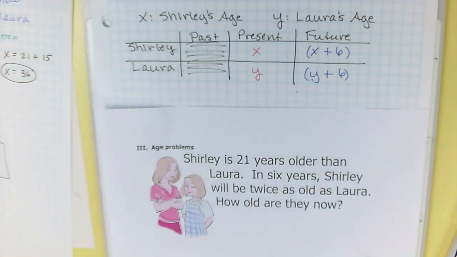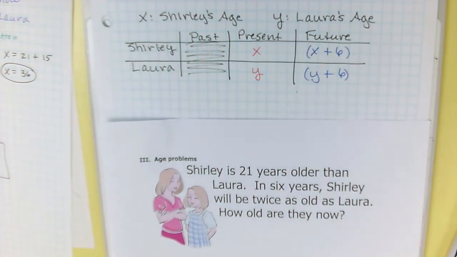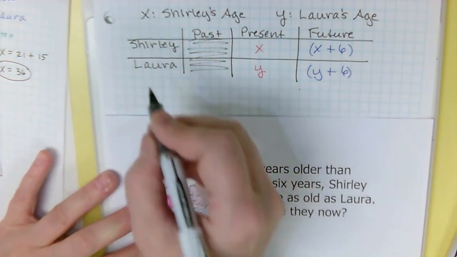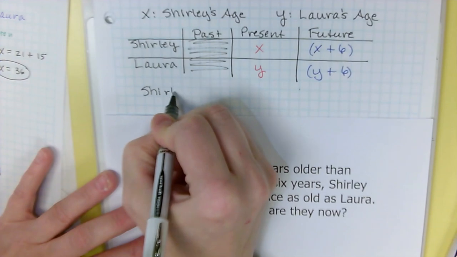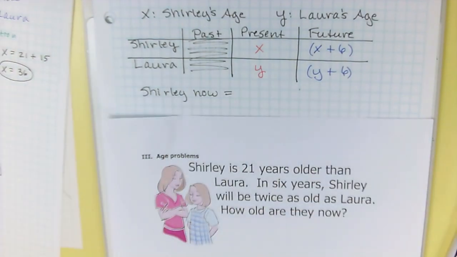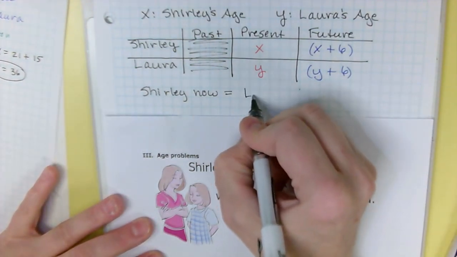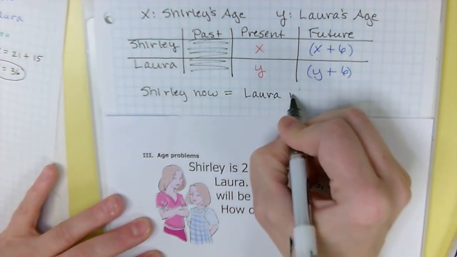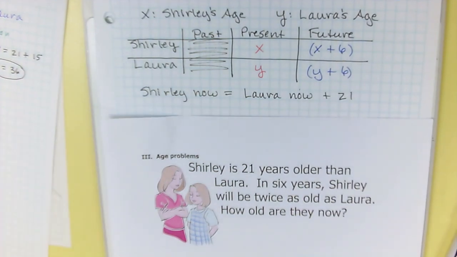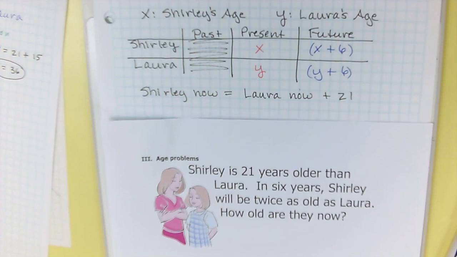Okay, here's where we're going to take the problem and put it into words. Shirley is 21 years older than Laura. Okay, so this would be Shirley right now is 21 years older than Laura, which means we should be able to take Laura's age now and add 21 years to it, and that'll give us Shirley because she's 21 years older than Laura.